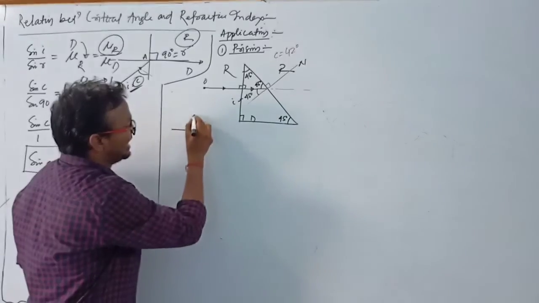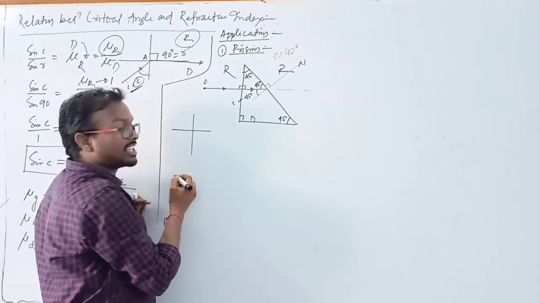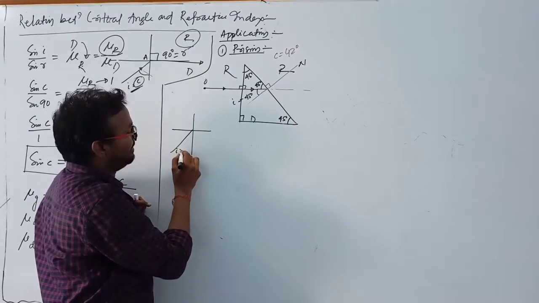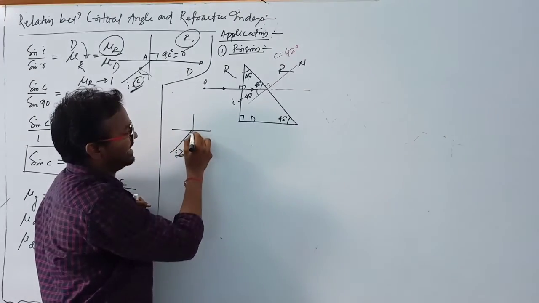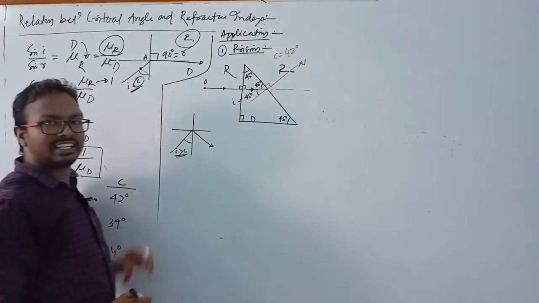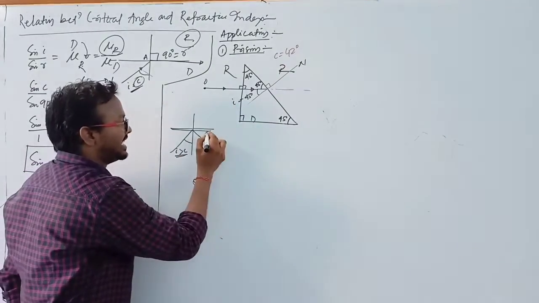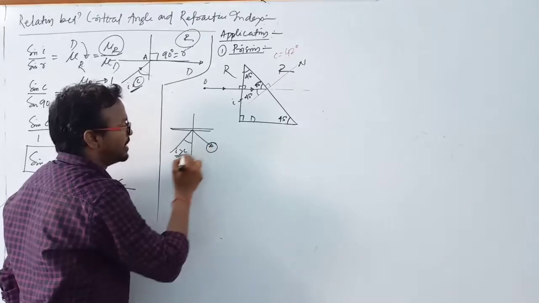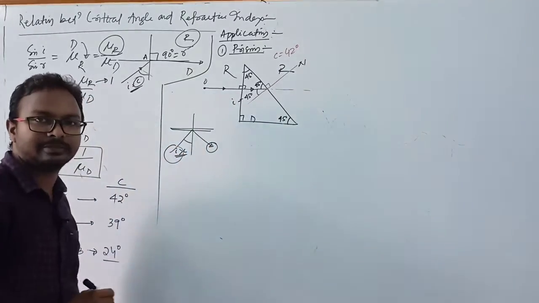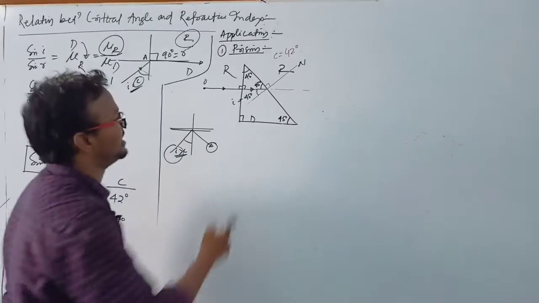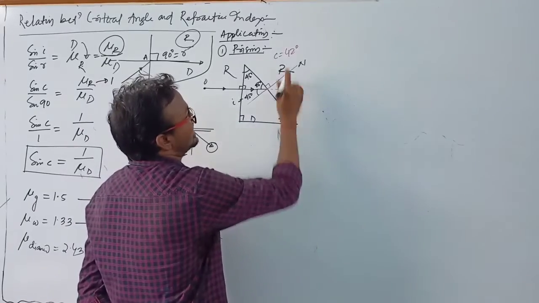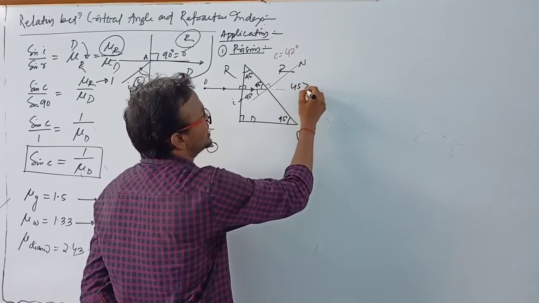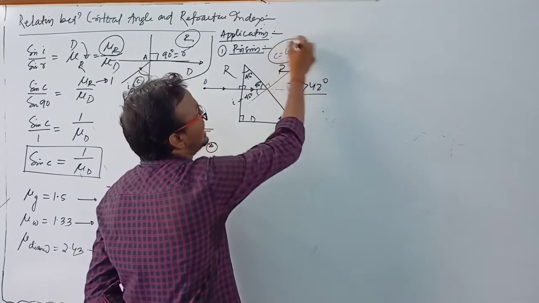But what is the condition for total internal reflection? If the angle of incidence is greater than the critical angle, then there is total internal reflection. That means the reflected ray comes back into the same medium where the incident ray was traveling. Here the angle of incidence, 45 degrees, is greater than 42 degrees, the critical angle.